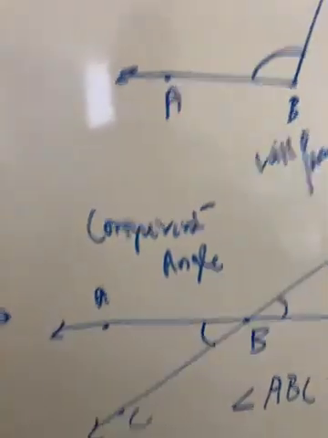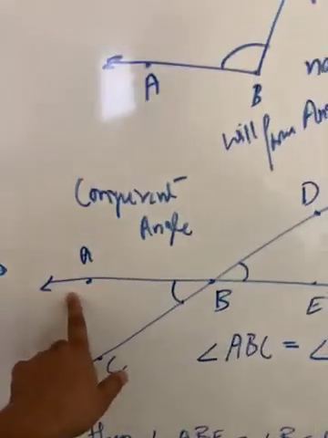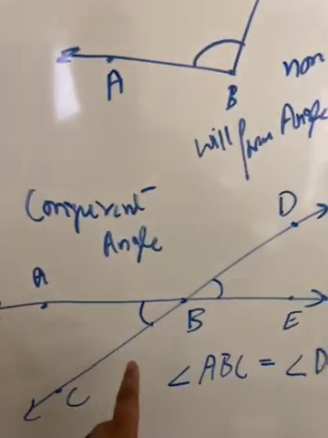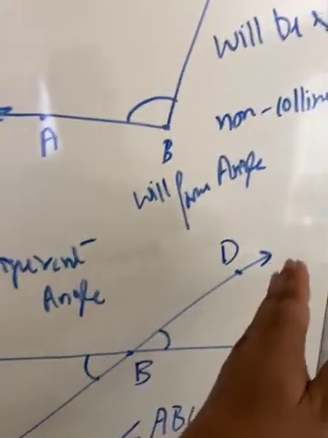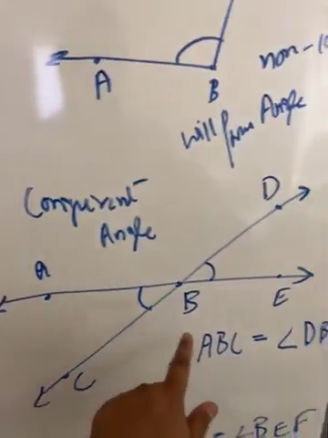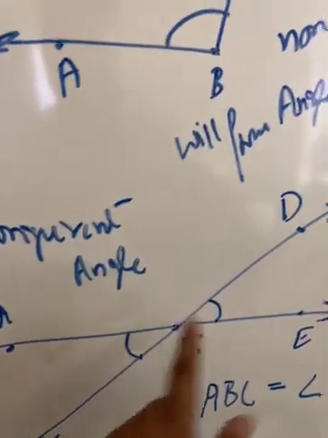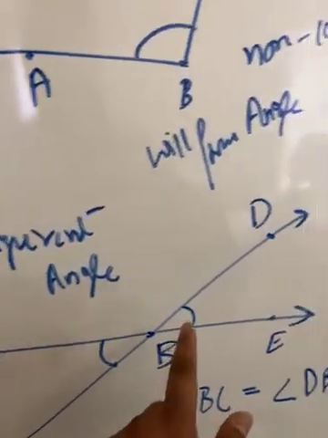Congruent angles are like this. You have this line, ABE, and it has got two angles. One way is that you draw a line. So you see angle ABC and angle DBE. These two angles are the same.